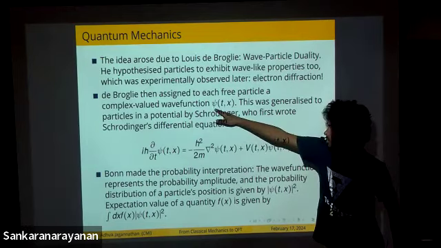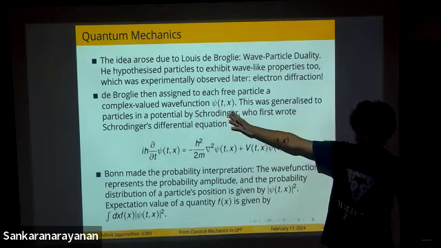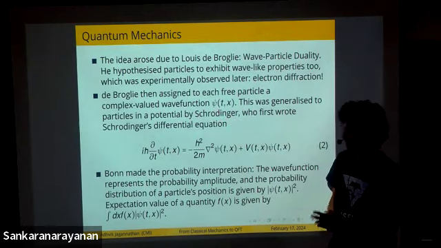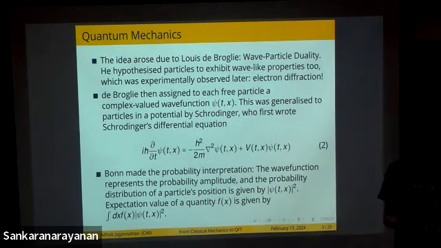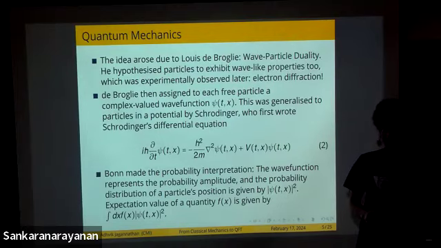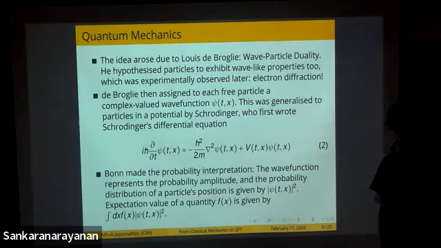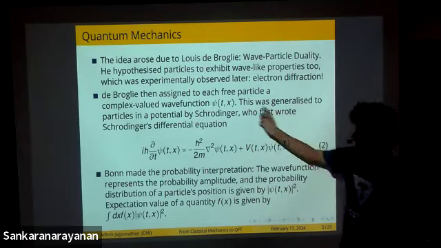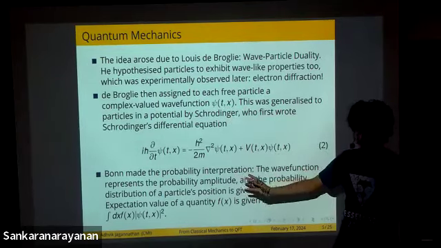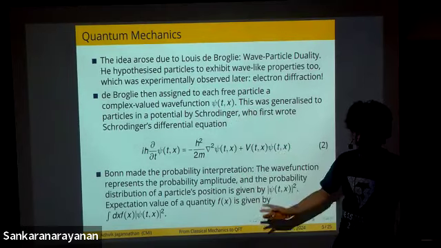He introduced this concept called a wave function. What a wave function represents is not clear yet, in the sense that de Broglie did not know what he was introducing. All he proposed was that this wave function represents a particle, a free particle to be precise.